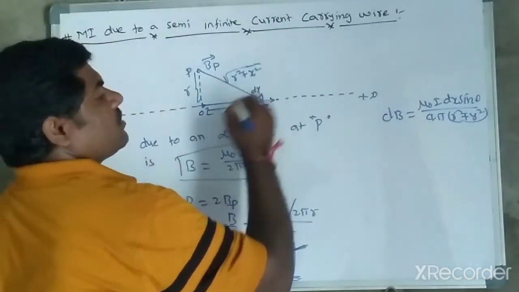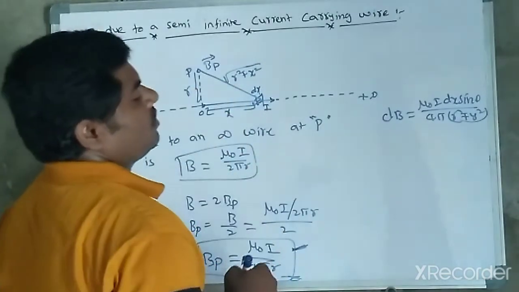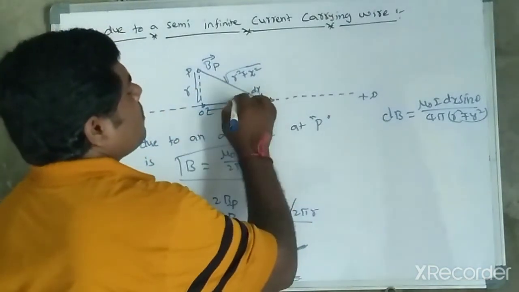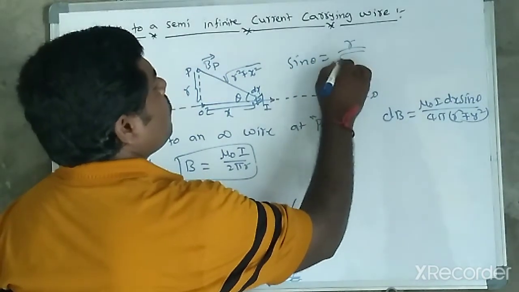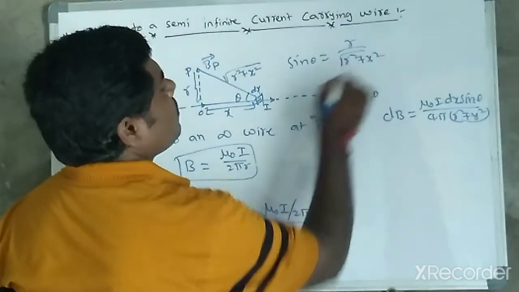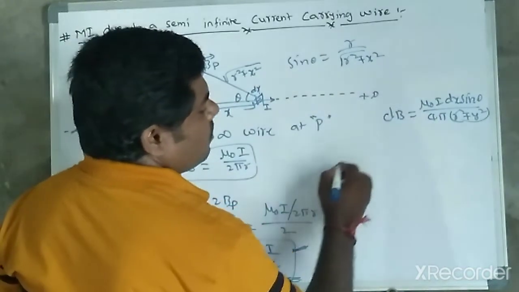Sin theta you may also substitute: sin theta is equal to r divided by root of r square plus x square. So here this value also substitute.